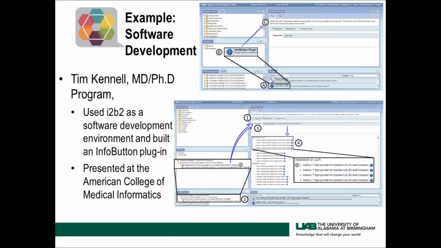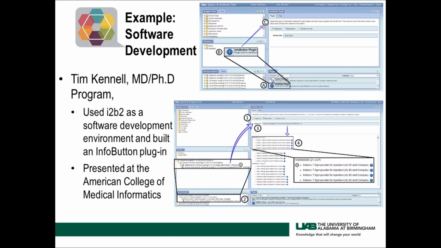The last case is probably of less interest to biological and clinical researchers, but I think it's great because informatics also does research, and I think software development is by its very nature innovation. i2b2 is also a software development platform where we can build new tools to either support the research enterprise or do additional data analysis.